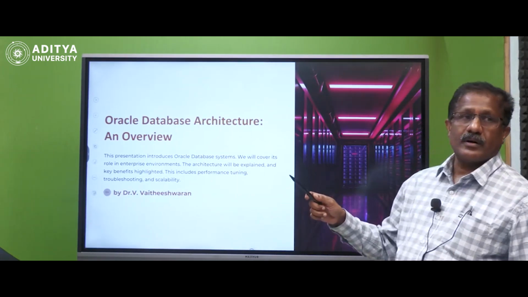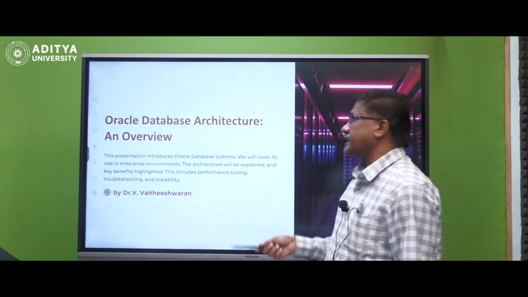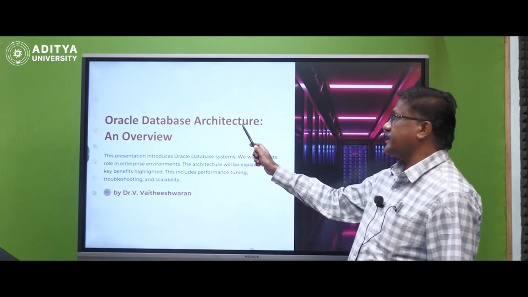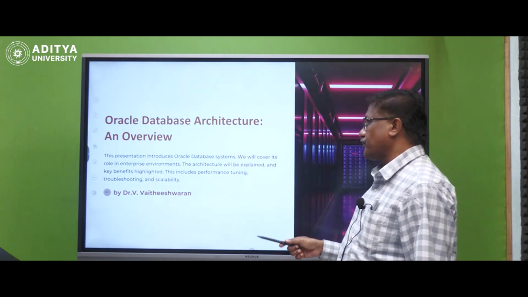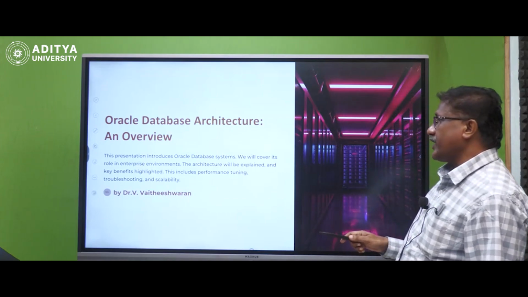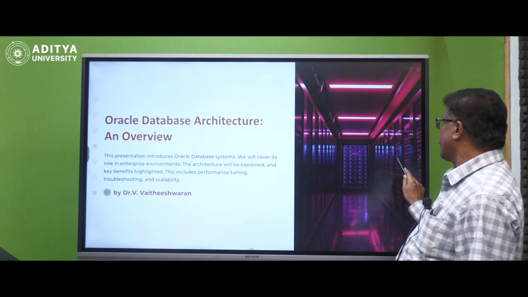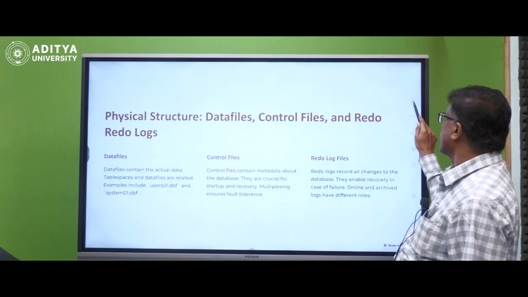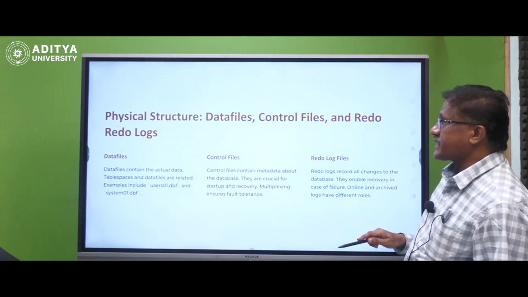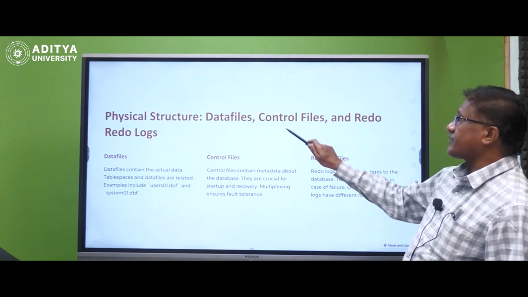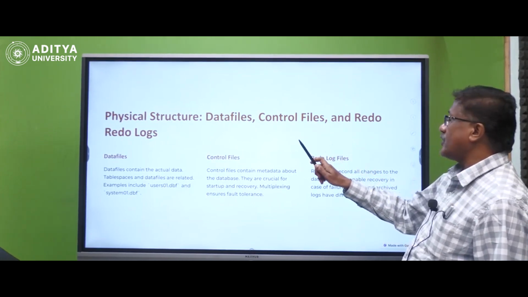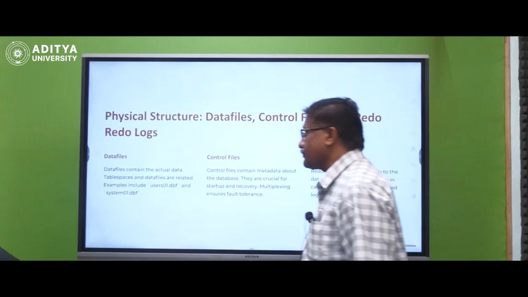So welcome back to the third part of today's presentation, Oracle database architecture and overview. Here we are going to cover the various types of enterprise environment. There is the physical structure. It consists of data files, control file and redo logs.